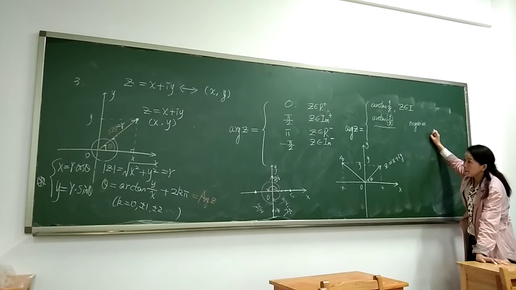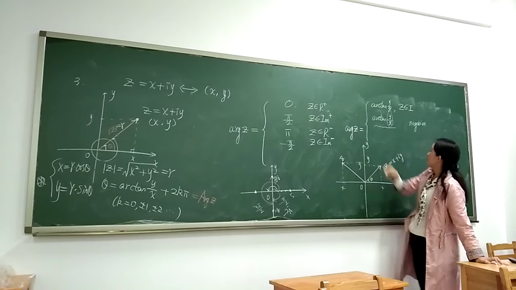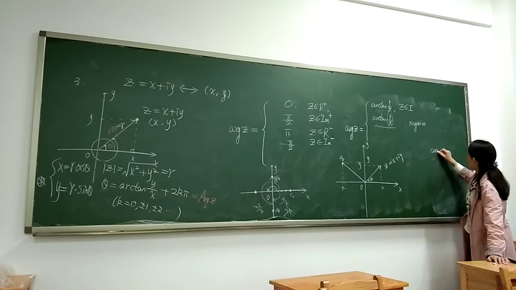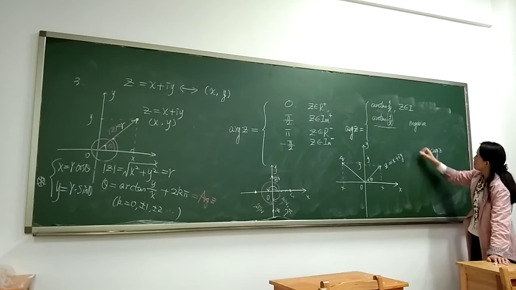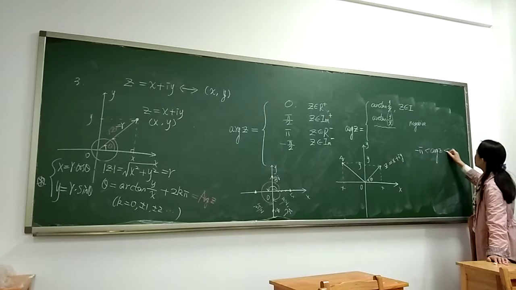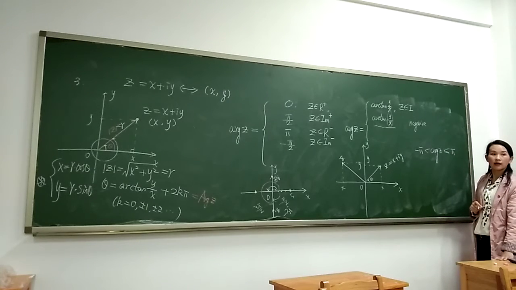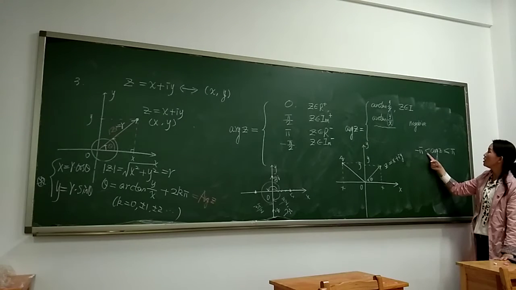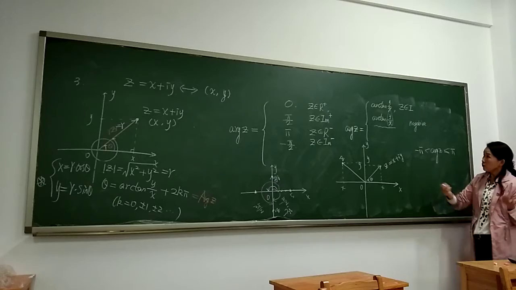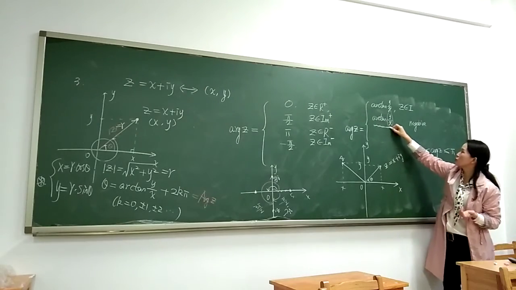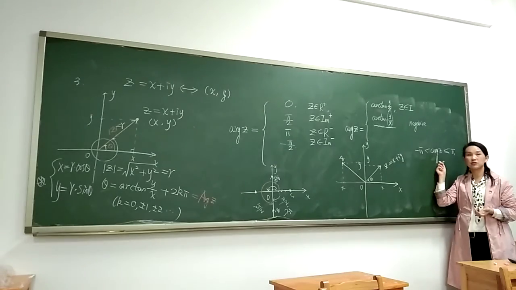Yes or no? But we know the principal argument of z must satisfy more than minus pi, less than or equal to pi. More than minus pi, less than or equal to pi. But if you write like this, this angle does not satisfy this condition.